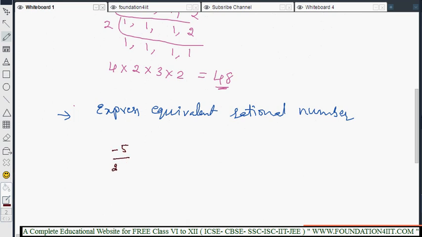We need the equivalent rational number with denominator 48, because the LCM is 48.